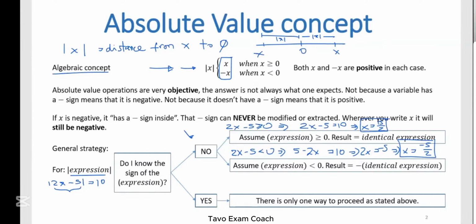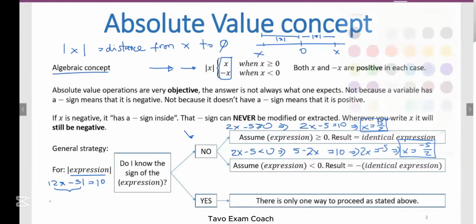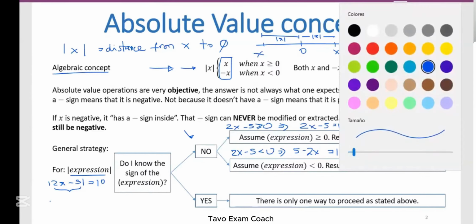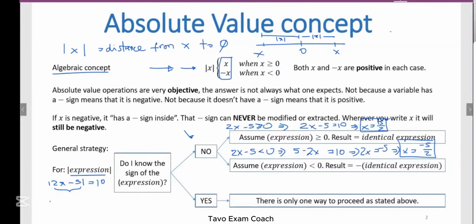But for example, imagine that they told you that in this expression here, let's consider a different example now. Here, they told you the following. The absolute value of 3x plus 2 equals 14.